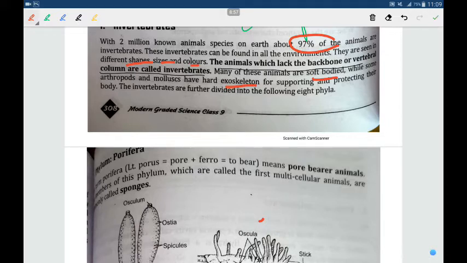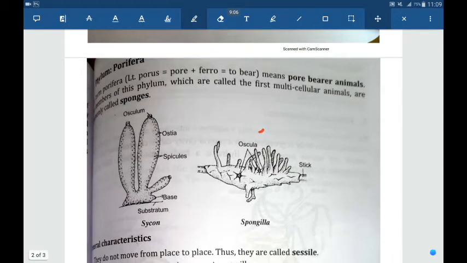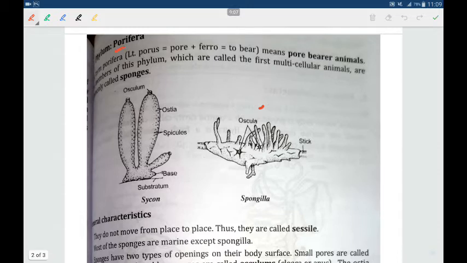Now we are at the first phylum of invertebrates, that is Porifera. What is the name? Porifera is derived from Latin porous and ferro.